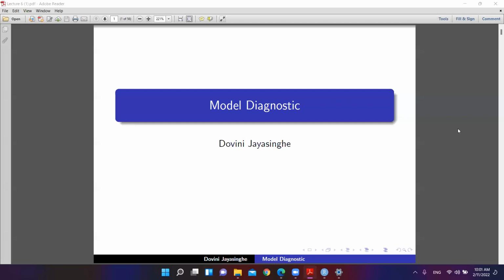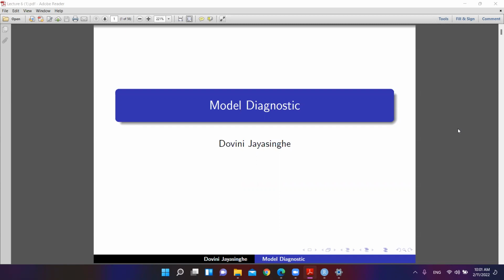The residuals or the errors should be normally distributed. The observations should be independent, right? And the error variance should be constant. The mean of error should be 0. So a couple of assumptions like that.